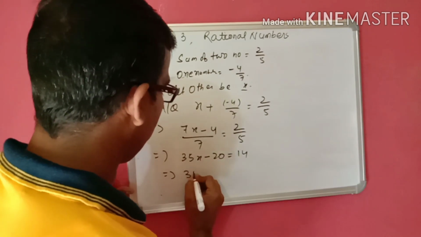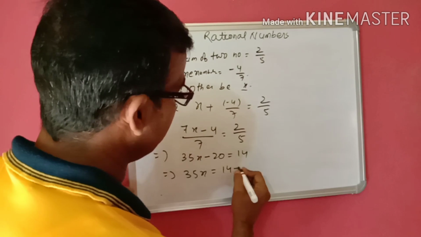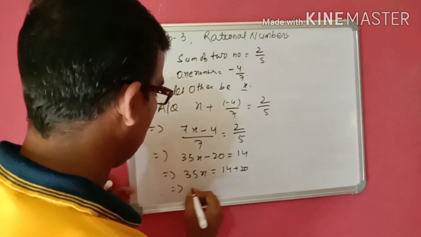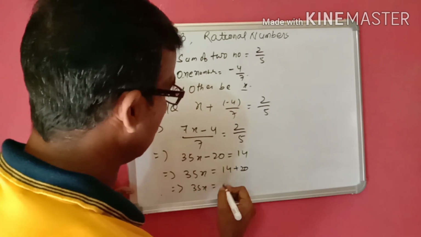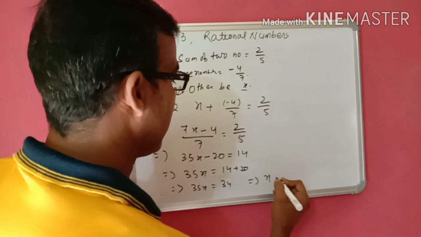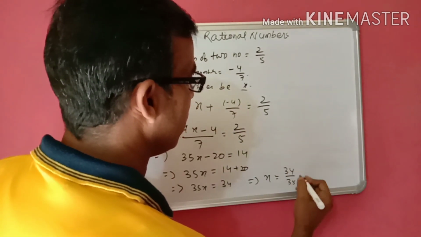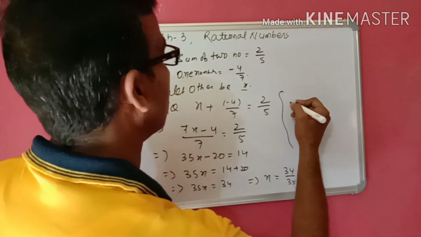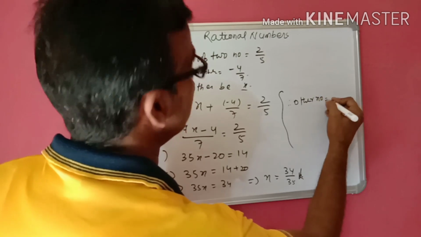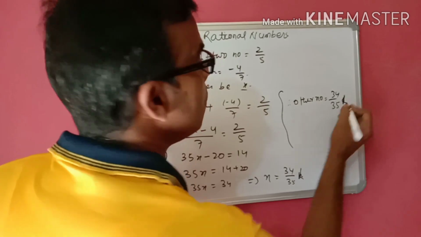Now 35x minus 20 equal to 14. Take minus 20 this side, it will be plus 20. Therefore, 35x equal to 34. Therefore x equal to 34 by 35. This is your other number. Please write down.